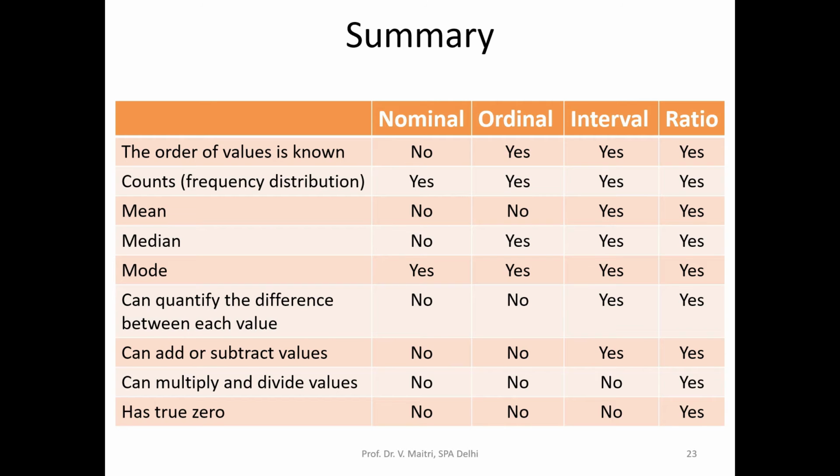Nominal not possible, ordinal not possible, interval also not possible because it does not have an exact actual 0 value. Ratio has a true 0; nominal, ordinal and interval have no true 0. Due to that, interval cannot be used for multiplication and division. But ratio can be used for all types of operations.